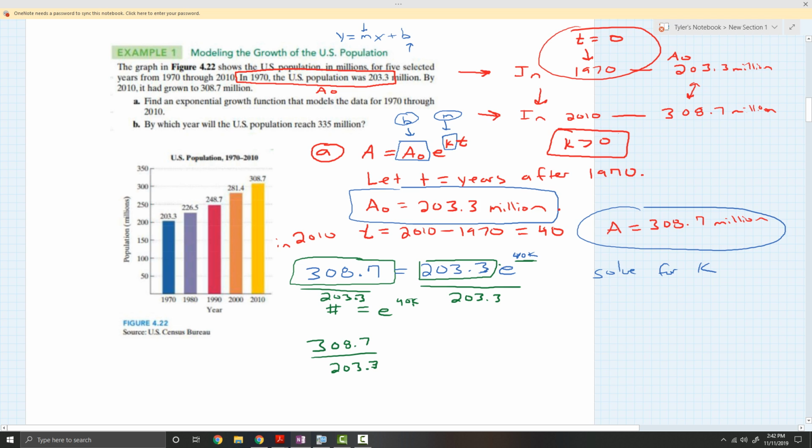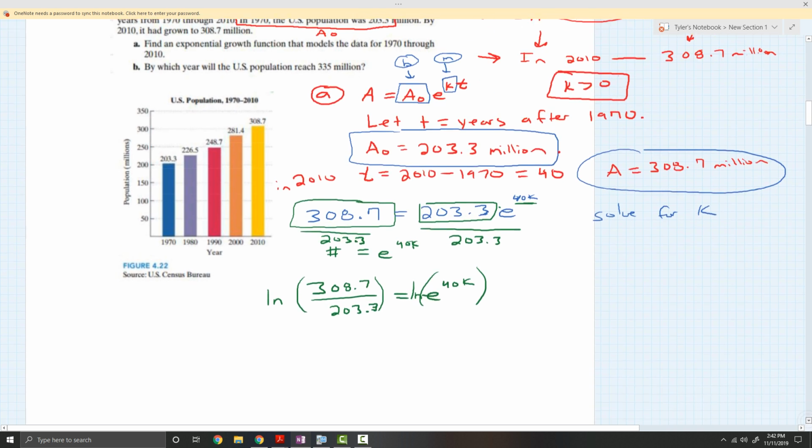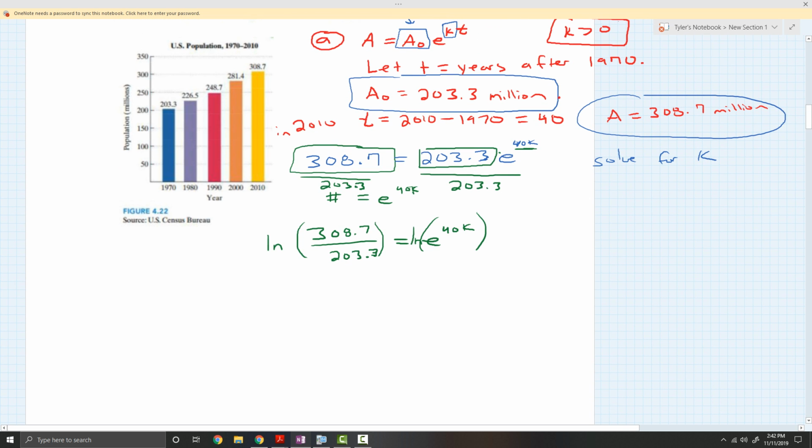So I'm just going to leave it in that form, and that's going to be equal to e to the 40k. Then, as I was saying before, what we can do is take the log of both sides. I'm actually going to use the natural log. I can take the natural log of both sides and still have both sides be equivalent to each other.